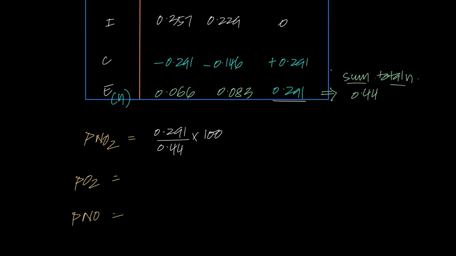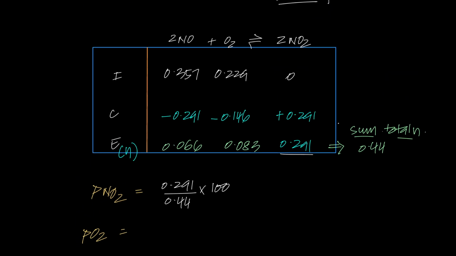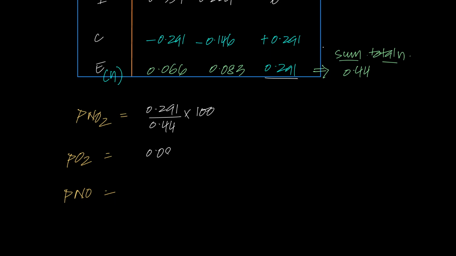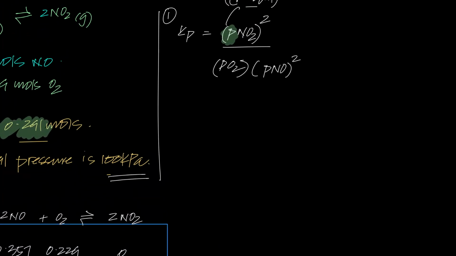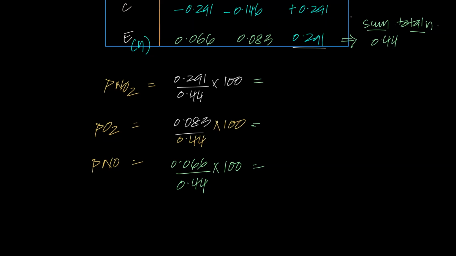Similarly, oxygen is 0.083 divided by 0.44 multiplied by 100. Again, 0.066 divided by the total moles multiplied by 100 kilopascals. What do you get, sir? Partial pressure. And then you just plug it into your expression. Kp equals, can you guys tell me the partial pressure of NO2? Help me out.